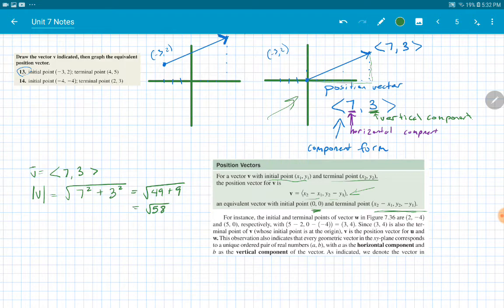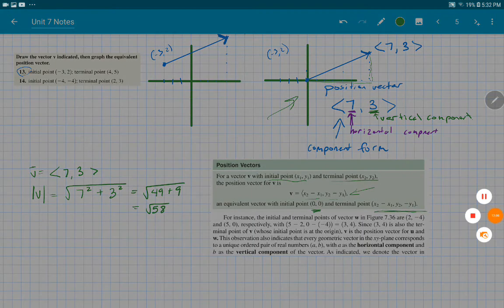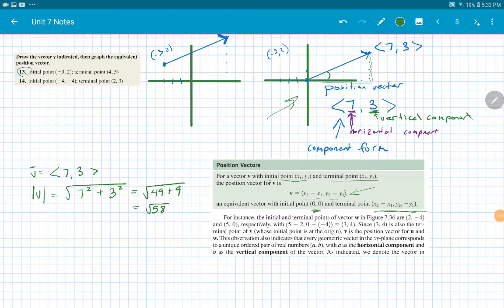And then for the direction of this, we can use trigonometry. If we call that angle theta, then using that imaginary triangle, theta would be tan inverse of, let's see, SOHCAHTOA, opposite over adjacent.